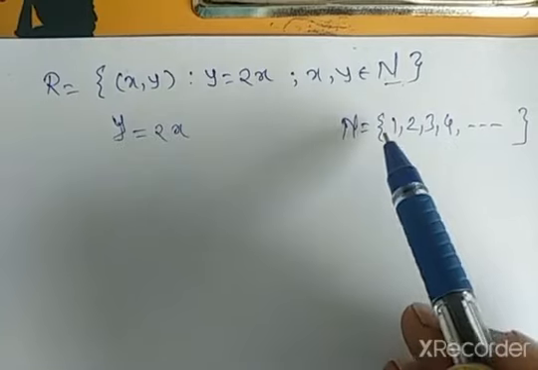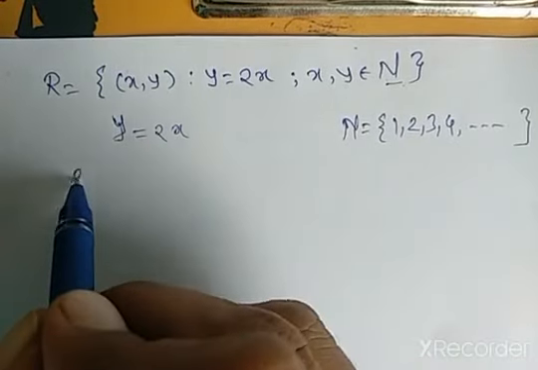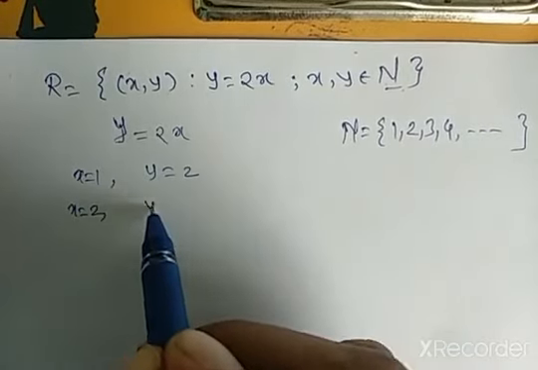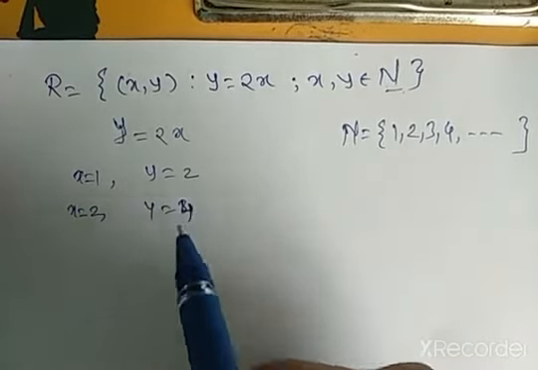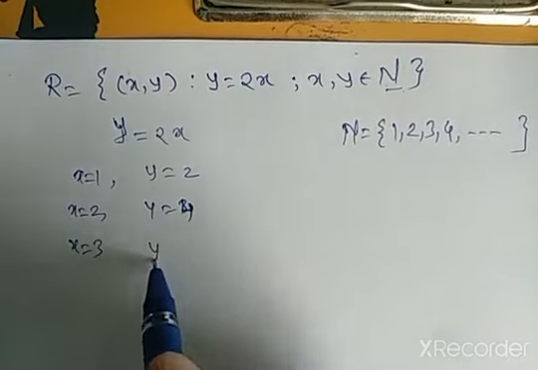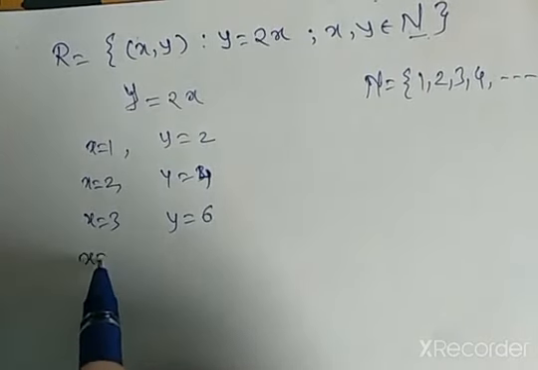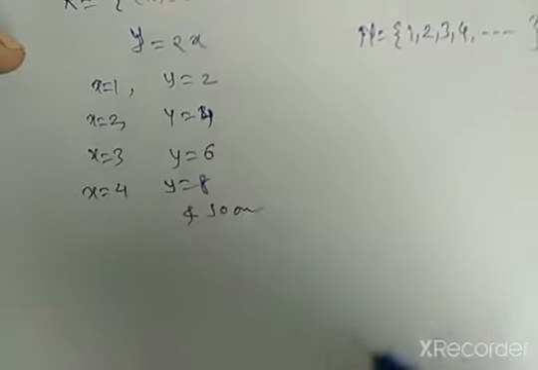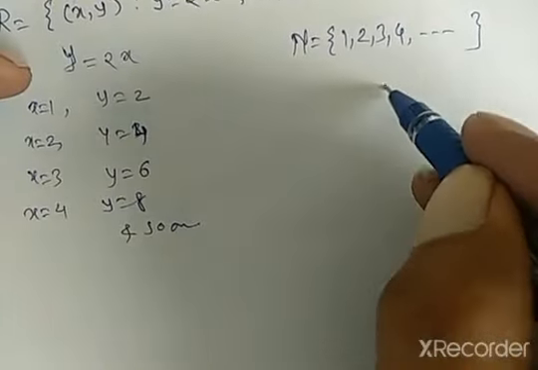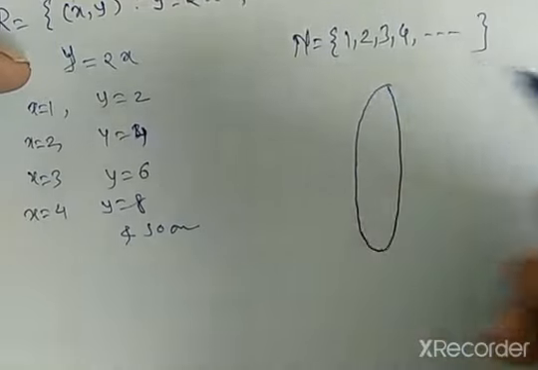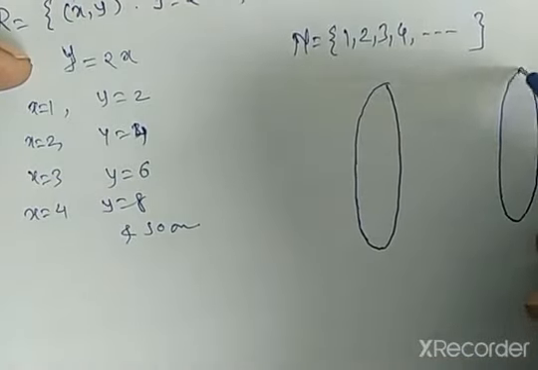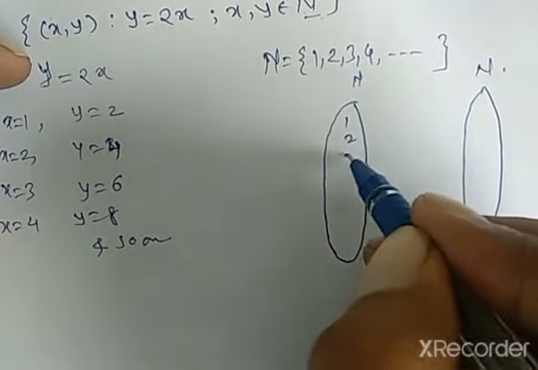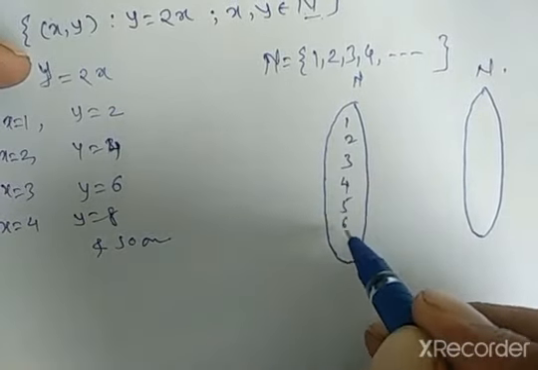If we put x equal to 1, we get y equal to 2. For x equal to 2, we get y equal to 4. For x equal to 3, we get y equal to 6. For x equal to 4, we get y equal to 8, and so on. If you draw the arrow diagram, it is a set from natural numbers to natural numbers, 1, 2, 3, 4, 5, 6 and so on.